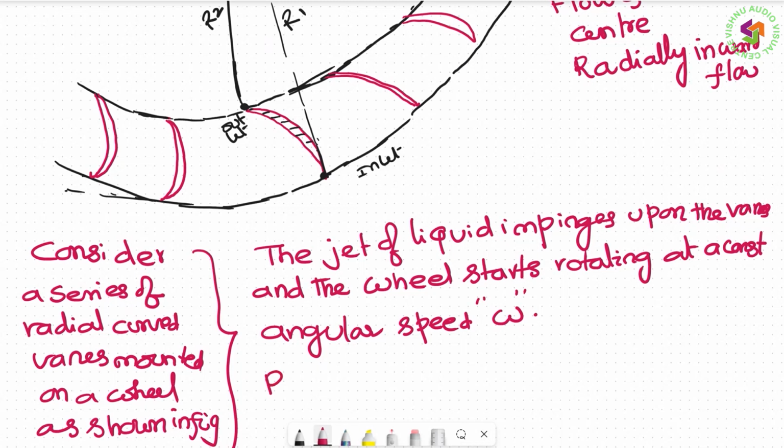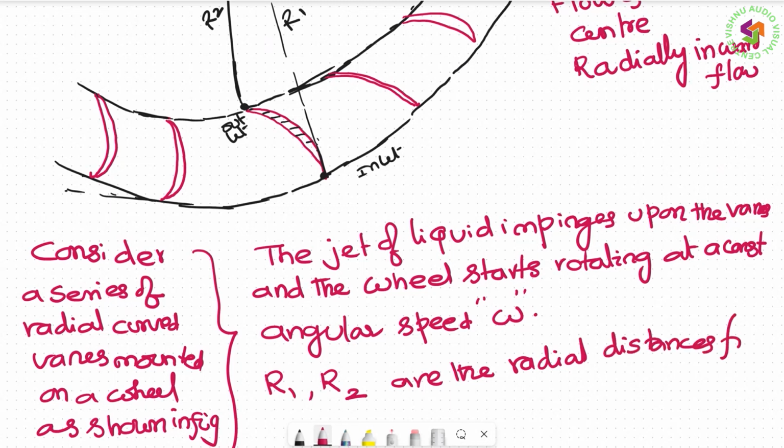And now what is R1? R1, R2 are the radial distances from the center of the wheel.